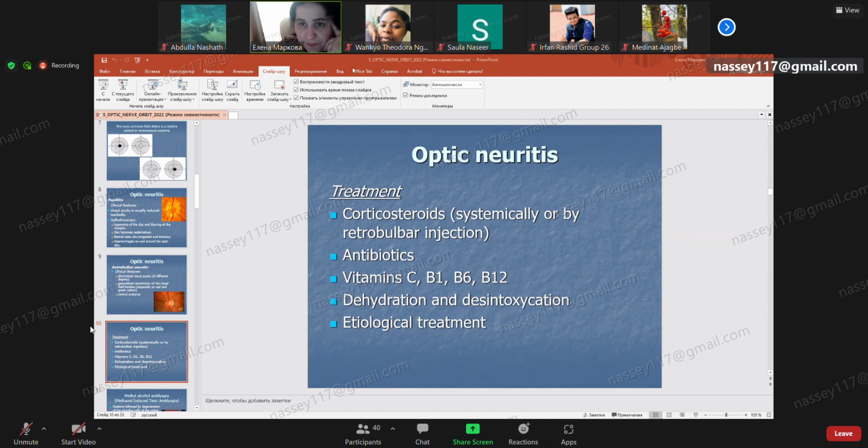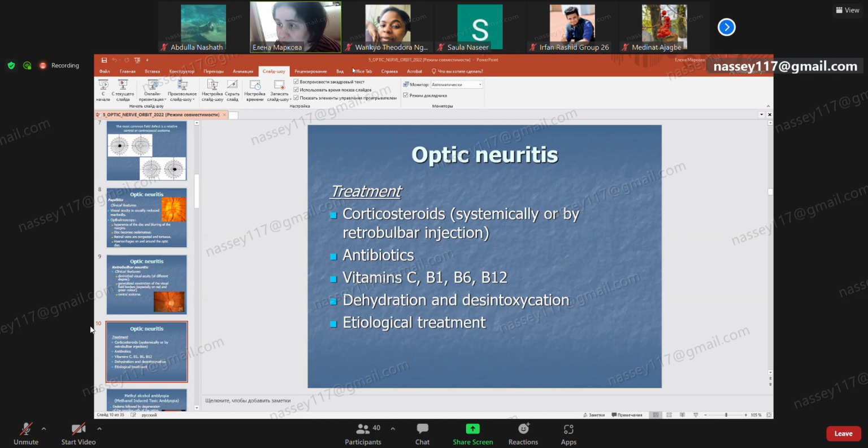Because one of the main steps of the doctor is to find the primary reason for this pathology. So if we see a patient with the symptoms and signs of optic neuritis, papillitis or retrobulbar neuritis, firstly, you should recommend to this patient a consultation with other specialists, for example a neurologist, an infectionist, a dermatovenerologist.